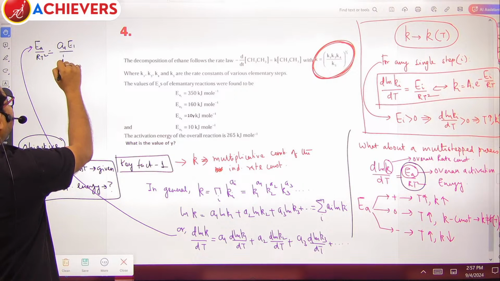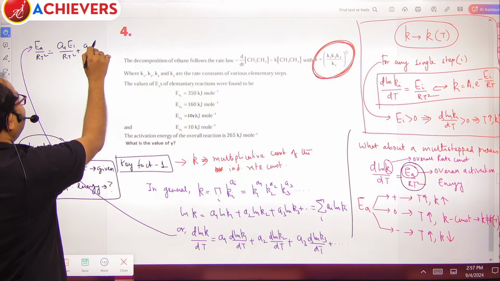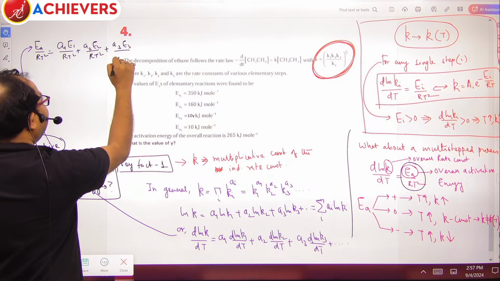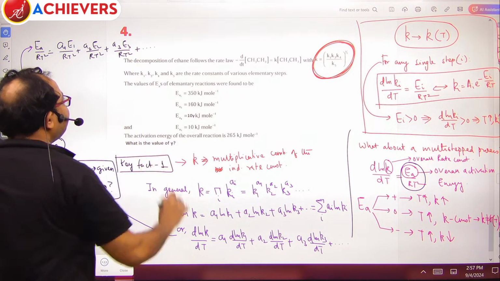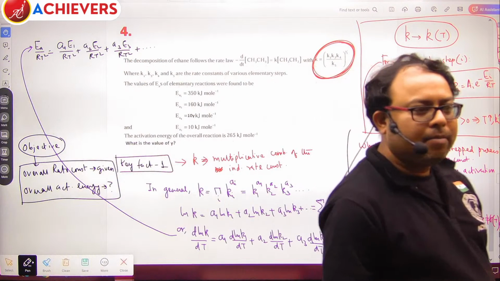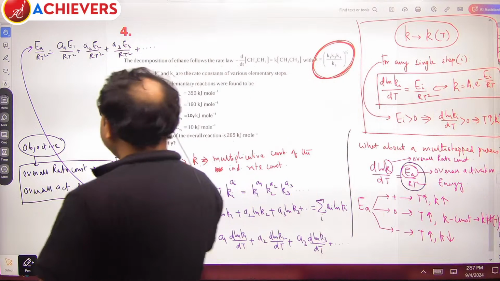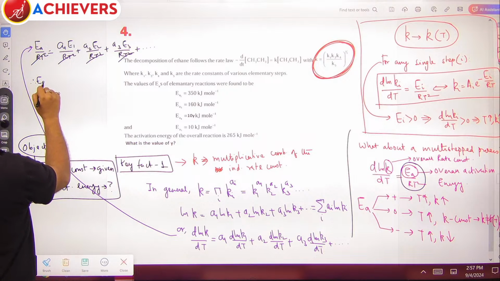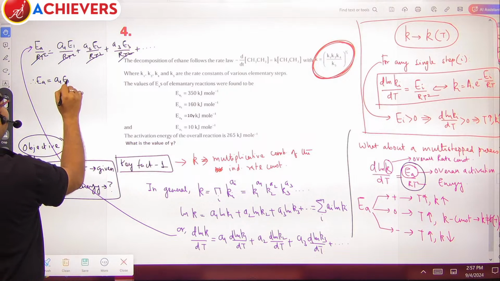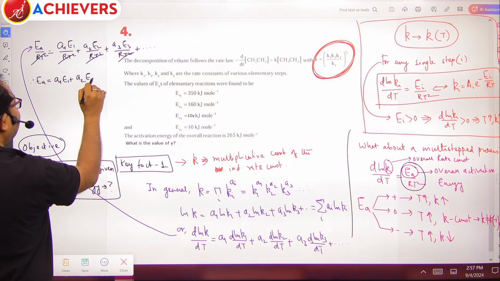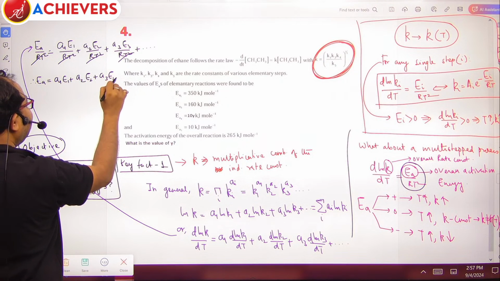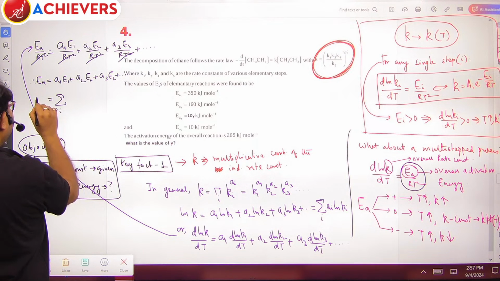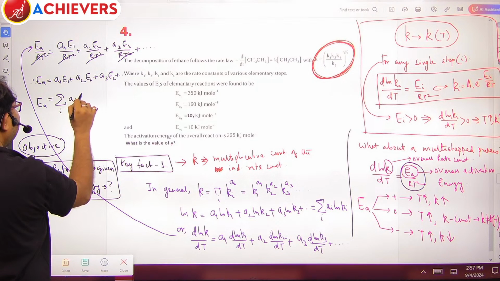So A1 E1 by RT square plus A2 E2 by RT square plus A3 E3 by RT square and so on. Now the RT square terms will get cancelled out. So Ea becomes A1 E1 plus A2 E2 plus A3 E3 and so on, which is nothing but summation over Ai Ei.